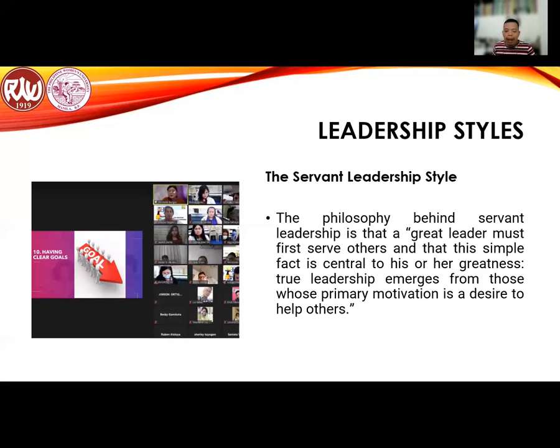empathy, healing, awareness, persuasion, conceptualization, foresight, stewardship, commitment to the people, commitment to the growth of people, and building community.